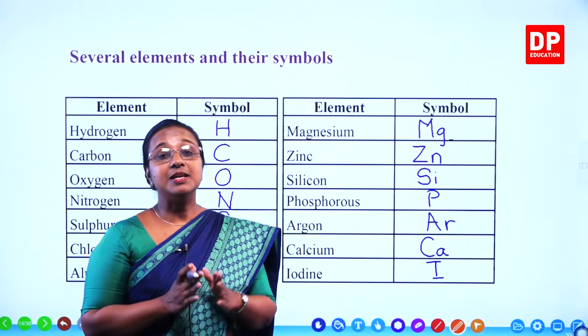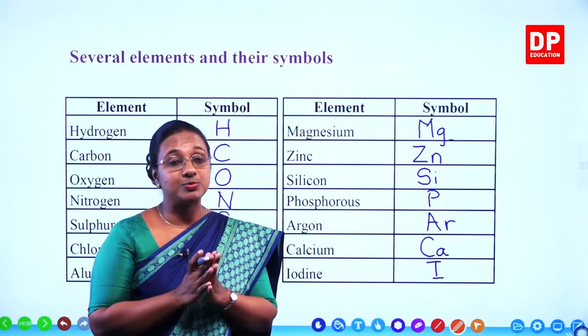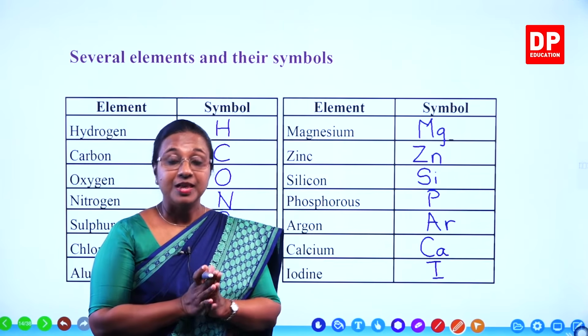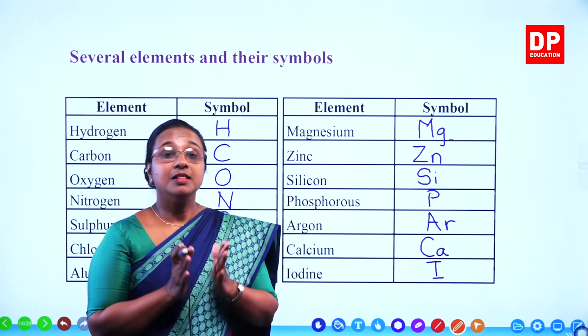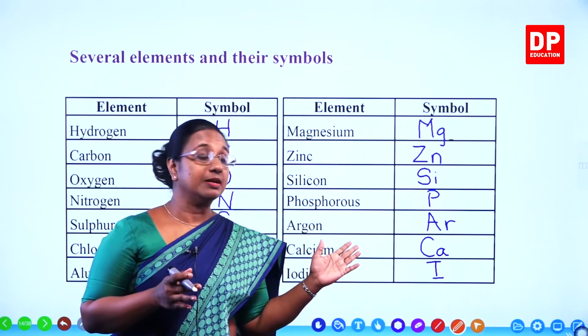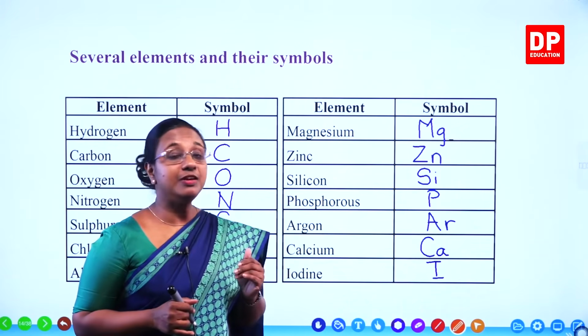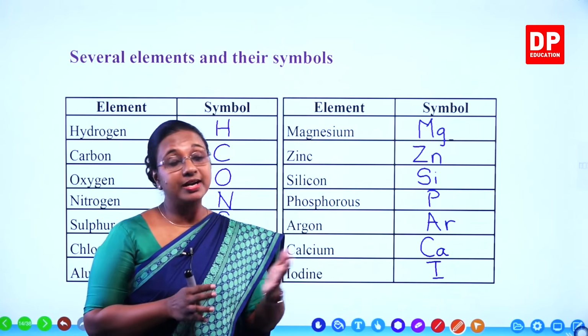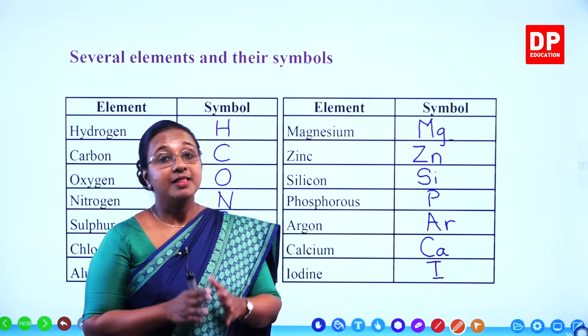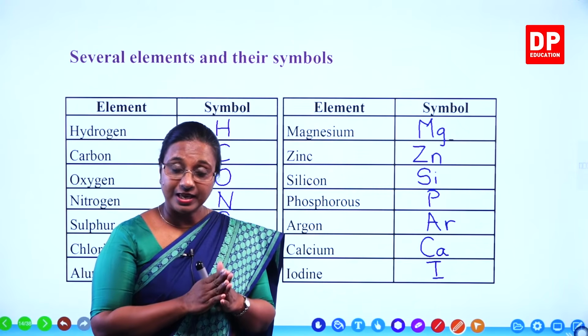Then there are elements that have the English name as well as the Latin name. Then we use symbols from the Latin name. Like for sodium, natrium, we use the first letter and the second letter or another letter from the name. Again, the first letter has to be capital.